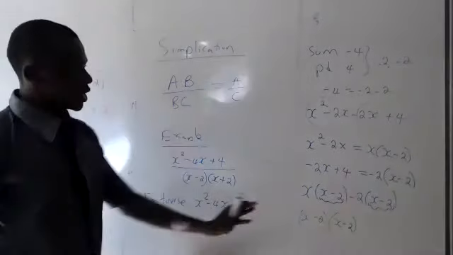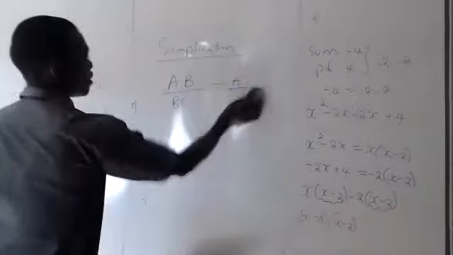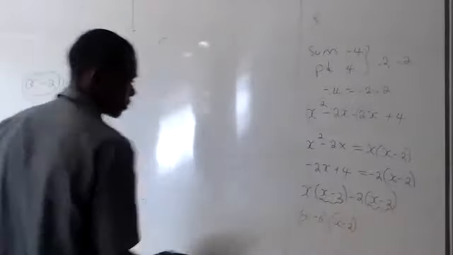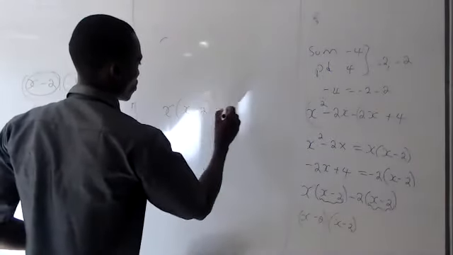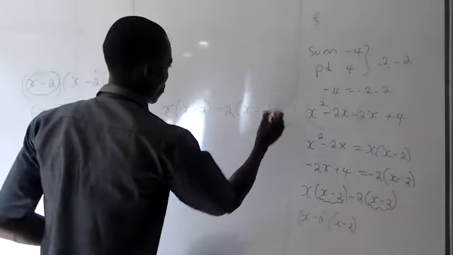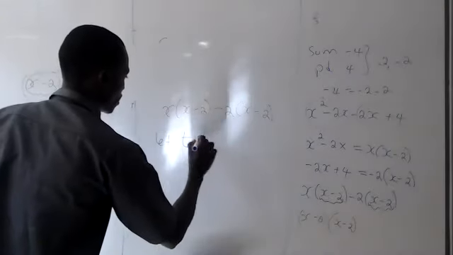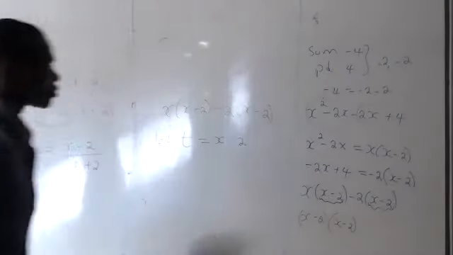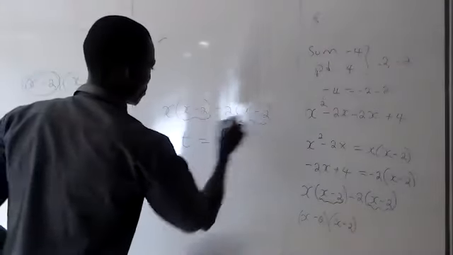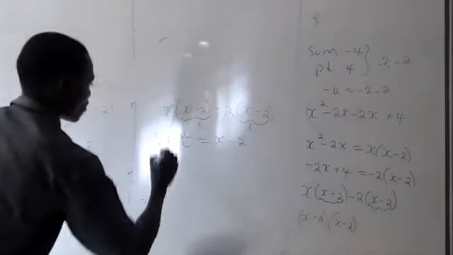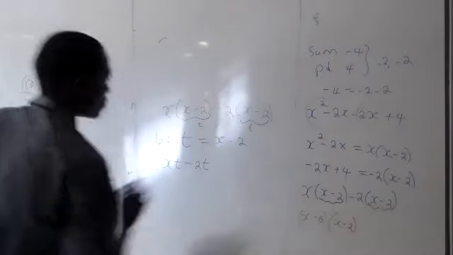So your problem is factorization from this stage? Okay. Let me see if I can solve the problem. You have x into (x minus 2) minus 2 into (x minus 2). Now, what I will do, let t be x minus 2. So this x minus 2, I want to call it t. So I will have x times t minus 2 times t.